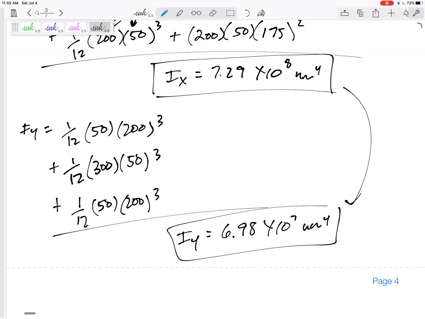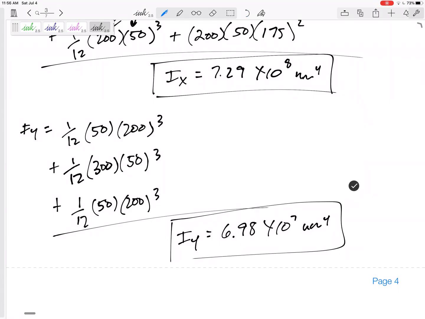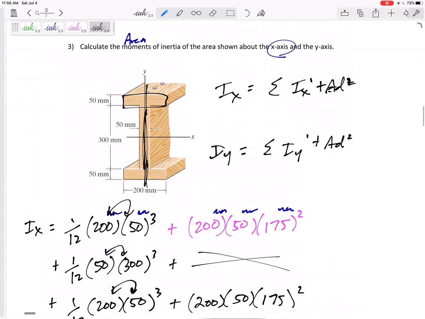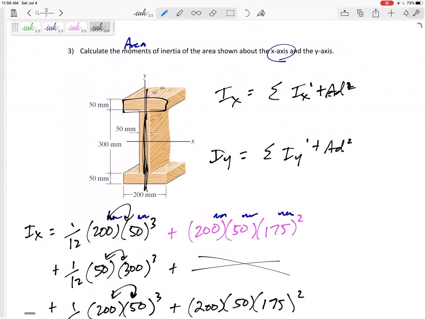Now, does it make sense that my Ix was larger than my Iy? I is a measure of how much area and how far away from the axis it is. Look at this y-axis.